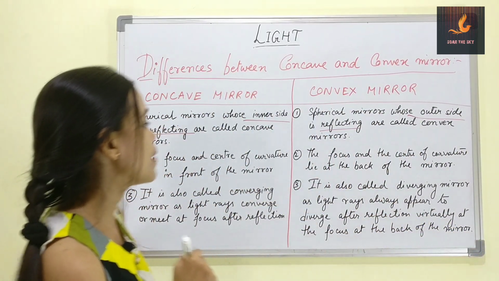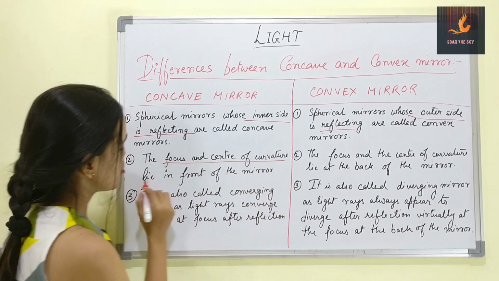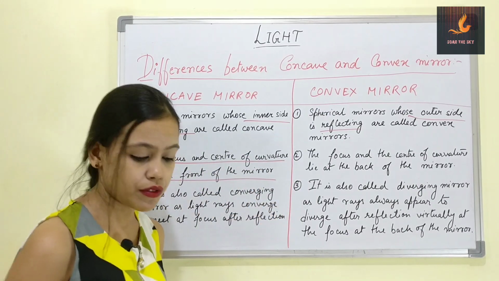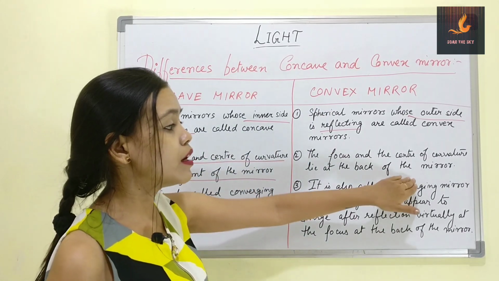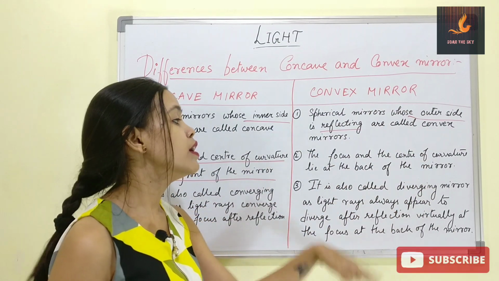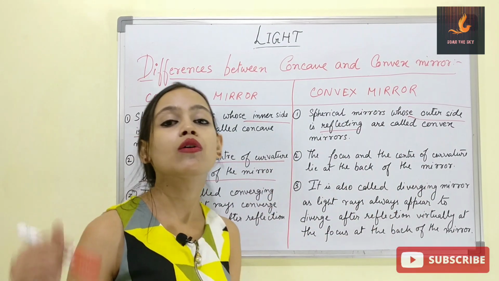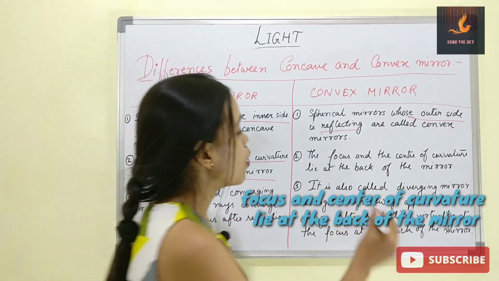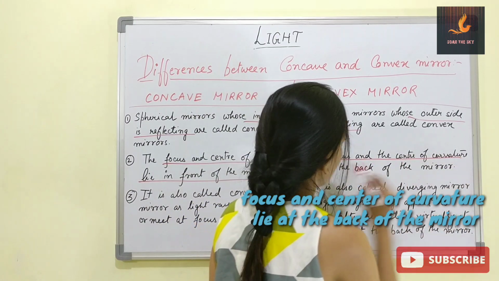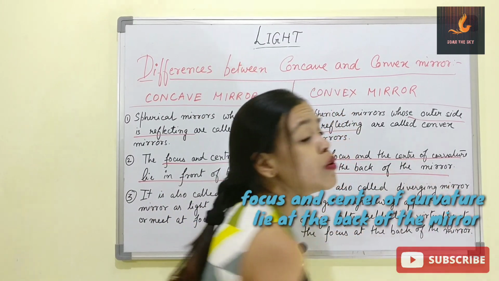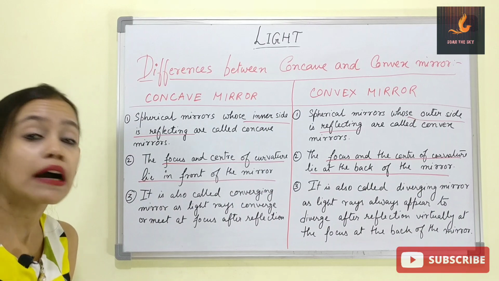Similarly, in a convex mirror, they lie at the back of the mirror because it always forms a virtual image. So we have them at the back of the mirror.